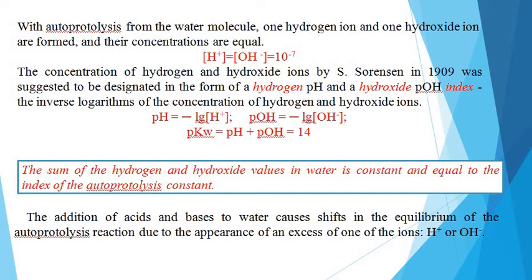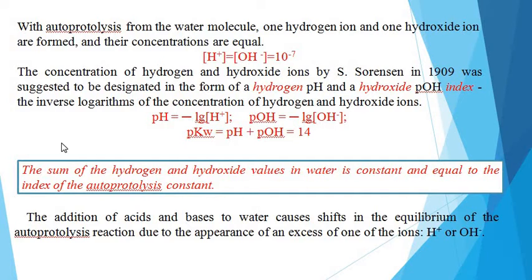With autoprotolysis, from the water molecule, one hydrogen ion and one hydroxide ion are formed, and their concentrations are equal, 10 to the minus 7 power.